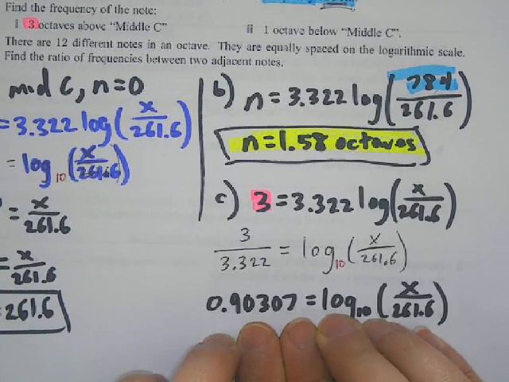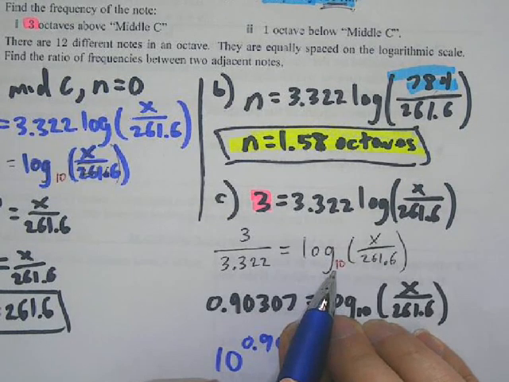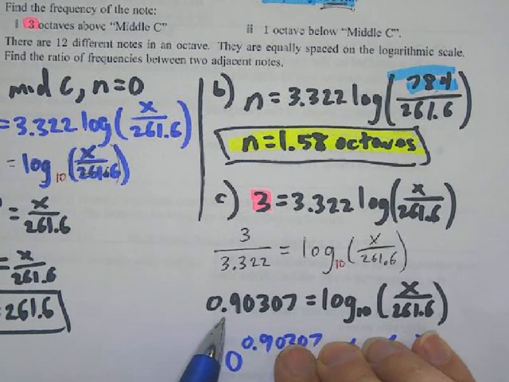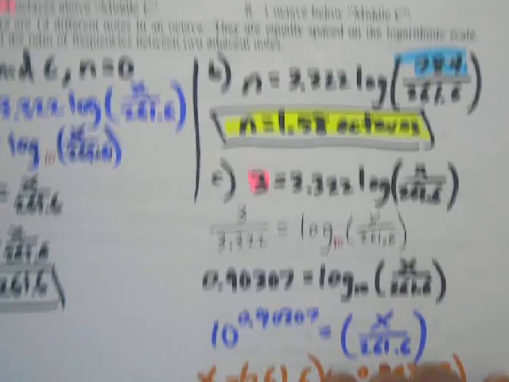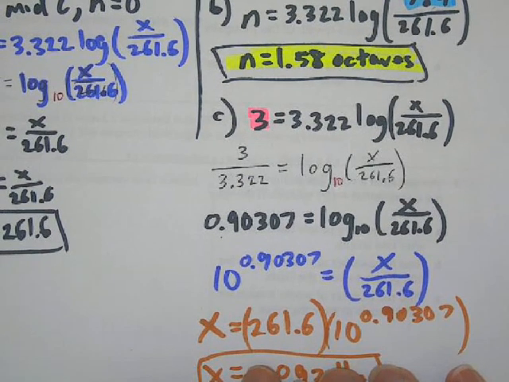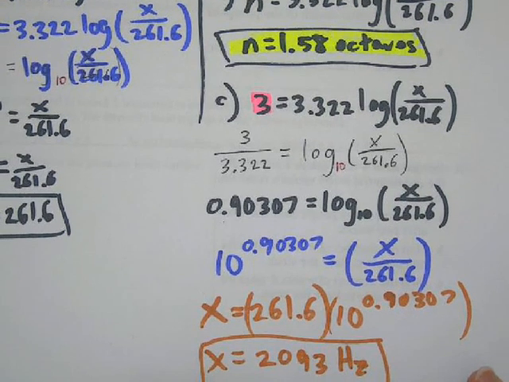And if there's no value here for log, my base is automatically 10. So now I'm going to rewrite this in exponential form. 10 to this power is going to give me equal to the stuff in the parentheses. And then I can multiply both sides by 261.6, and there we get the value of x.